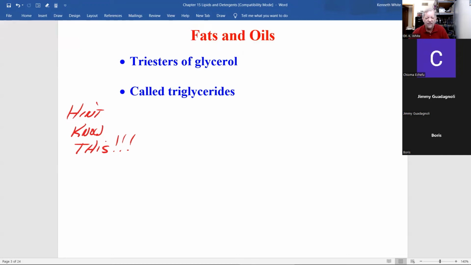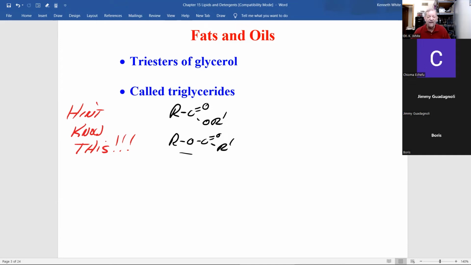And a triglyceride, now normally synthetic organic chemists write their ester this way. Oil chemists, which I have been, write their esters this way, and they're both esters. We put the R prime a little differently and write this backwards.